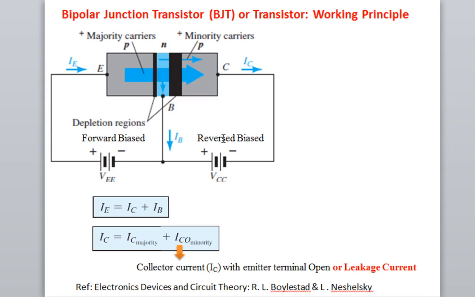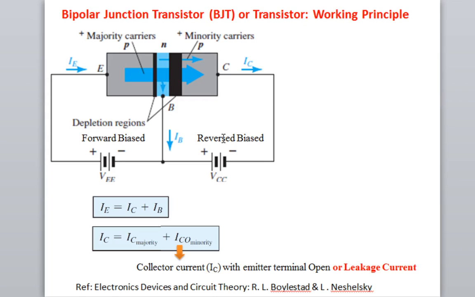Out of these 3 terminals, the transistor can be used for any purpose, and any one terminal may be made common between the input and output. So one can apply an input signal and get an output signal. For applying any signal we require 2 terminals, and for getting any output signal we require 2 terminals. So there should be 4 terminals, but we have only 3 terminals.